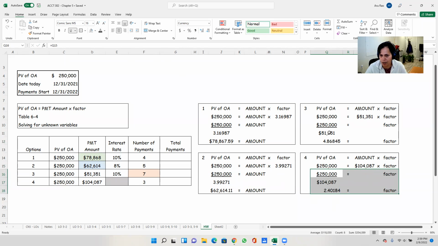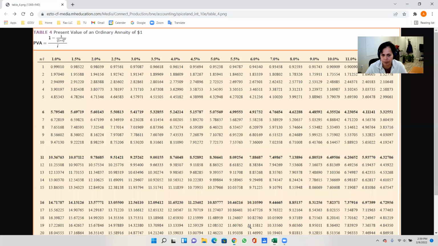So this one is similar to 3 and 4 are similar in how we came up with the factor. Okay, now that I know the factor, 2.40184, I know number of periods is 3. Let's go back to that table. Number of periods is 3. And I'm going to go all the way across until I find that 2.40183.